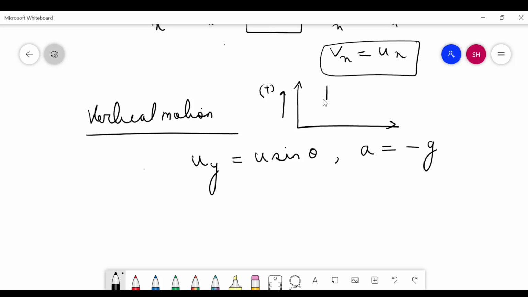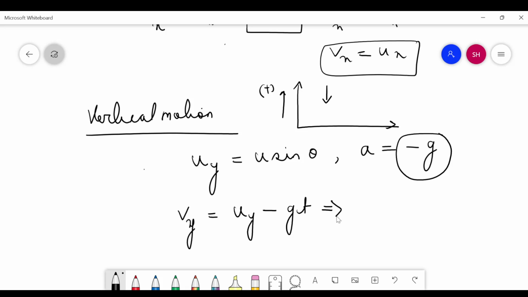Because gravity is pulling us down in this direction, it will be taken as minus g, and hence at any point of time, vy will be uy minus gt, which gives us vy is nothing but u sin theta minus gt.